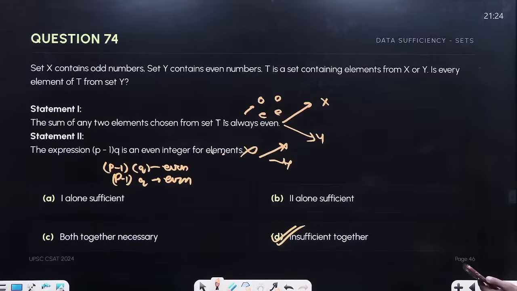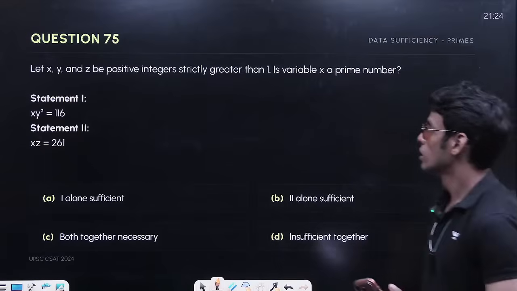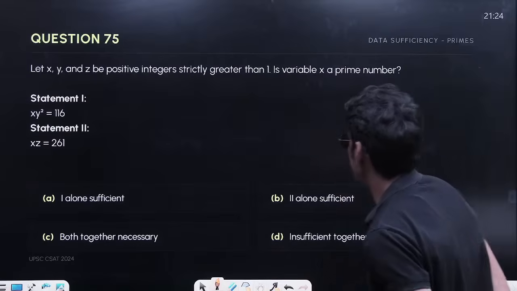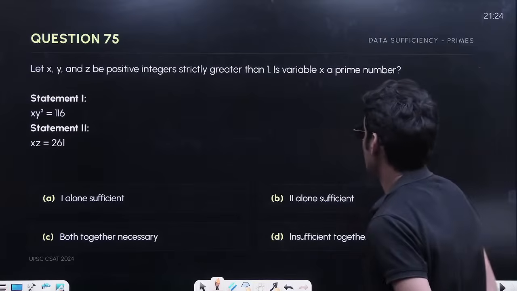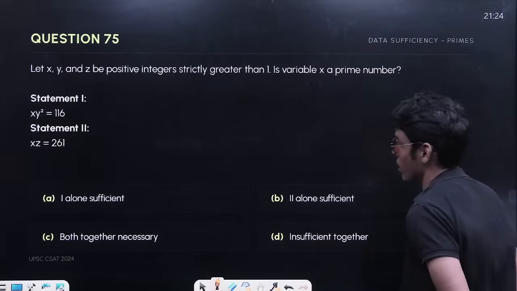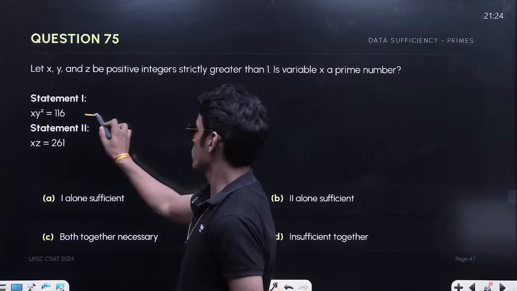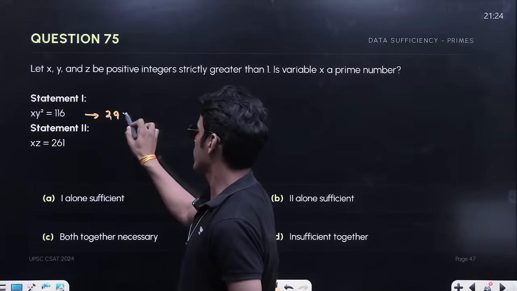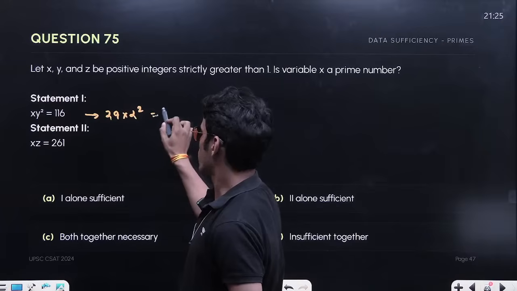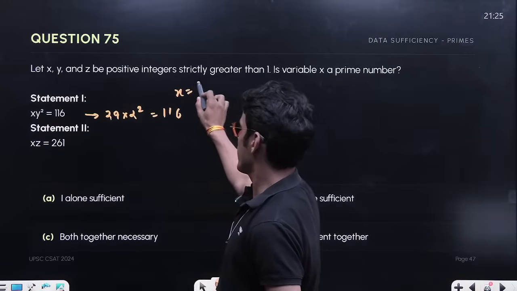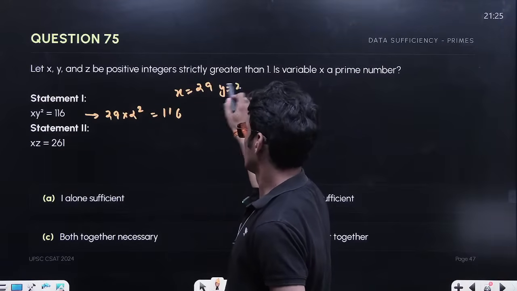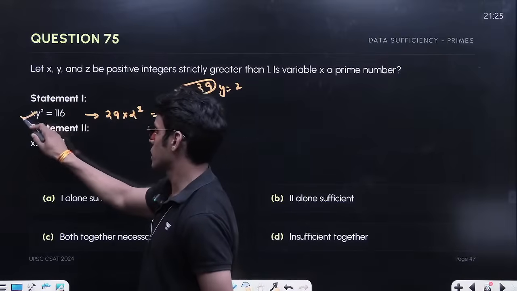Now, let x, y, z be positive integers strictly greater than 1. Is variable x a prime number? So you can write it as 29 into 2 square equal to 116. So this becomes x is 29 and y is 2. This definitely tells me this thing.